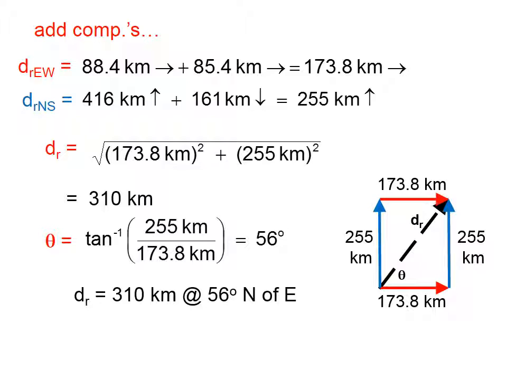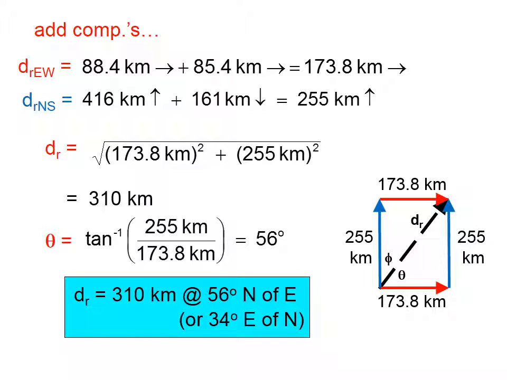We tip to tail it with the 173.8. Notice that the resultant is still the same, but instead of finding theta, we would probably find this angle using the inverse tangent of 173.8 over 255, which would be 34 degrees, but that would be east of north.